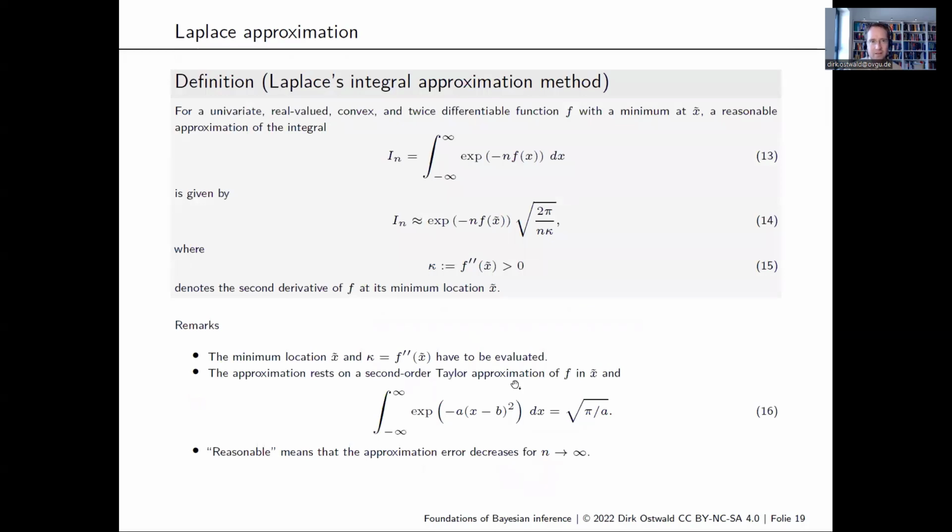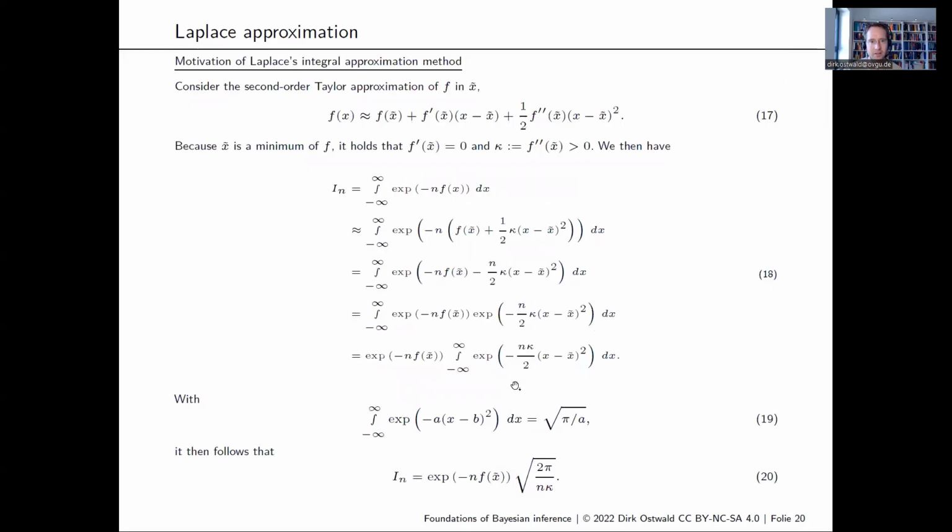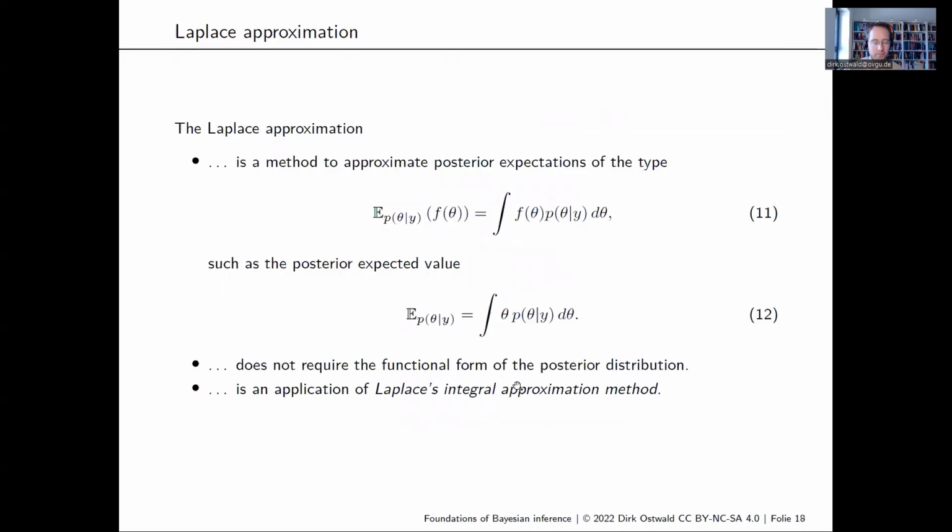What's happening there is essentially like in the scenario of a Taylor approximation. Instead of using the function that you actually have specified, you use a function that is very similar to it, and you use the properties of that function in terms of its integral to say, okay, the integral of the function that I actually want to integrate is approximately this. That's Laplace approximation.